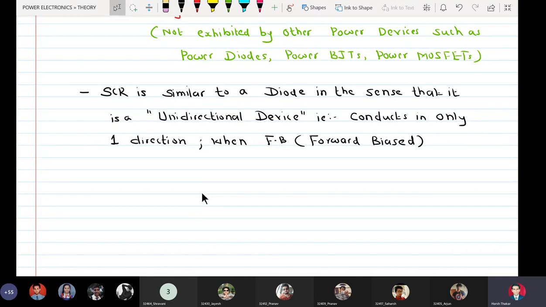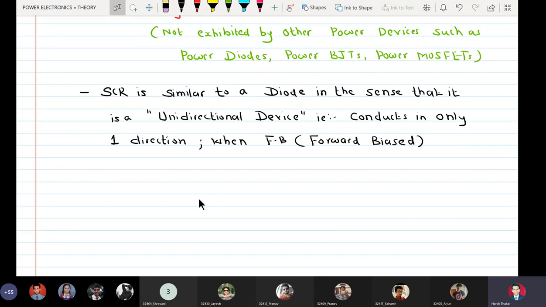So when a diode is reverse biased, it normally doesn't conduct, but if the reverse bias voltage is greater than a critical value called as reverse breakdown voltage VBR, then diode does conduct in reverse direction, but that is not the normal mode of operation for a diode. Similarly, SCR also conducts only when it is forward biased and it does not conduct when it is reverse biased.